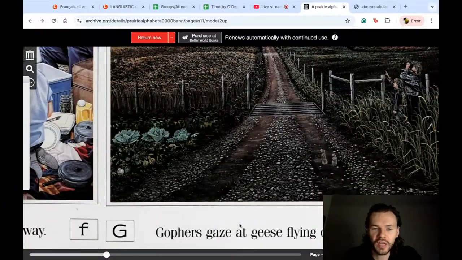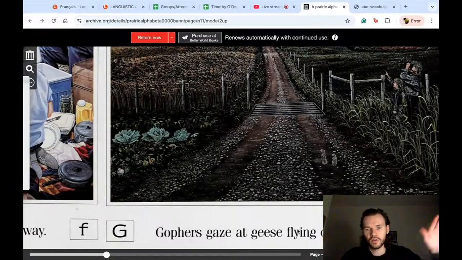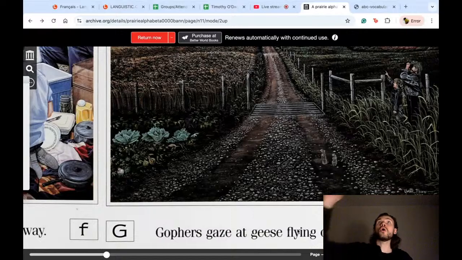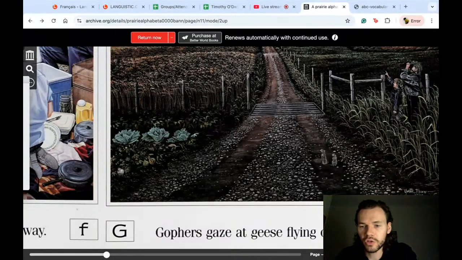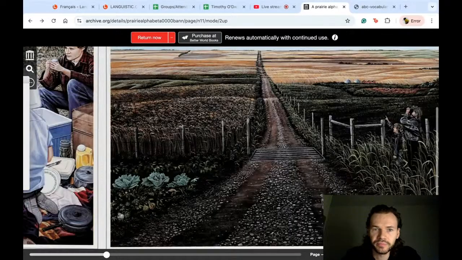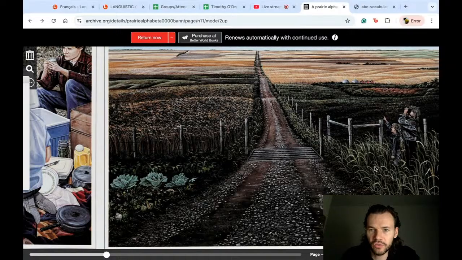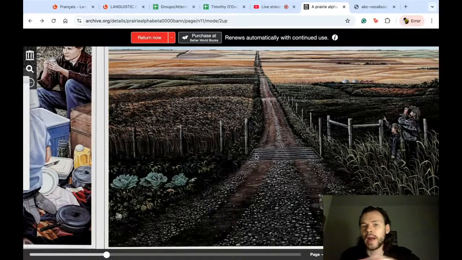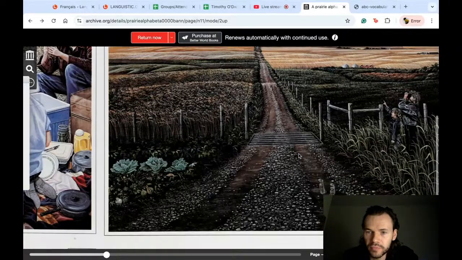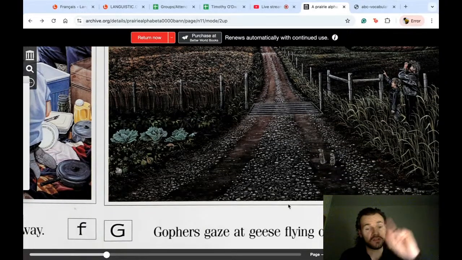So the gophers gaze at geese flying over the grassland. Right, we see all this grass right here, all this green stuff, the green grass. It's all grassland. But it is not just the gophers that are gazing at the geese.